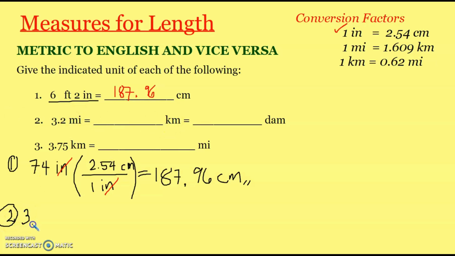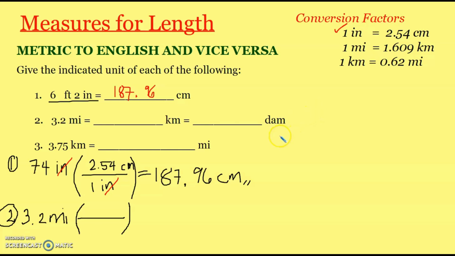Pero, napansin nyo ba na yung pagpipilian natin na conversion factor ay parehong may miles to kilometer? Yes, okay. So if that's the case, we are torn between two lovers. I know, we are torn between two conversion factors. Alin dyan ang pipiliin natin, di ba? So, my advice would be, you select the conversion factor that will give you a denominator of 1.